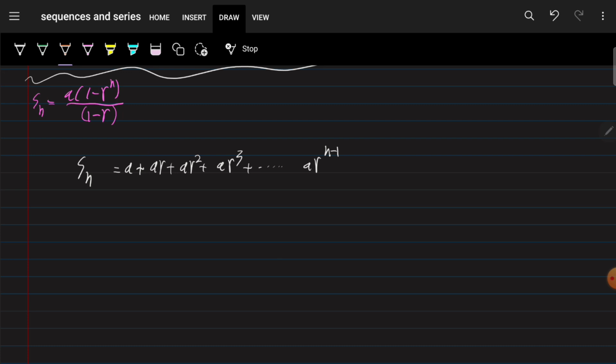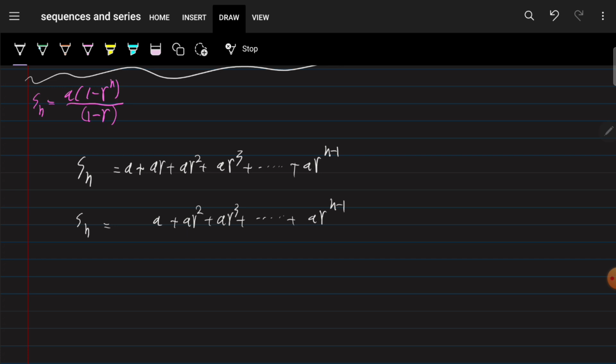Now, here is what I'm going to do next. I'm going to write down the same thing. So Sn is equal to, and I think I want to rewrite it like this: a plus ar squared plus ar cubed plus dot dot dot all the way up to ar to the n minus 1.